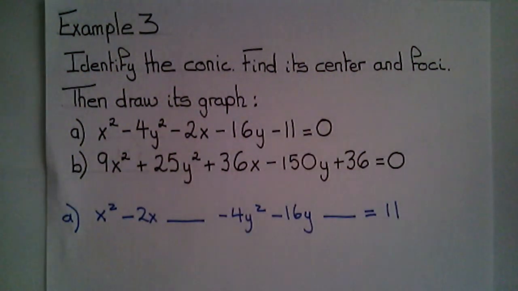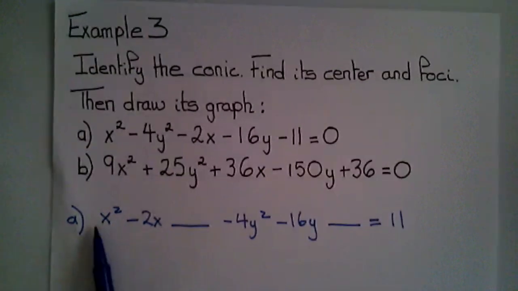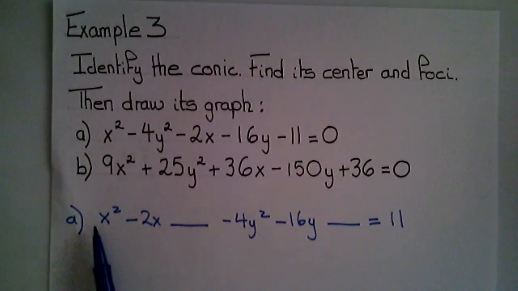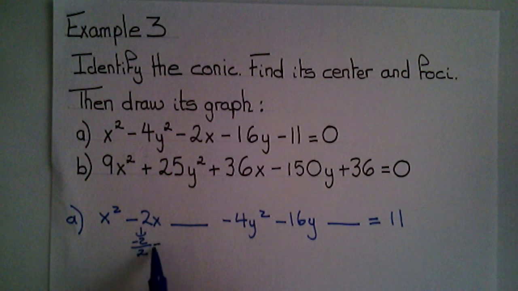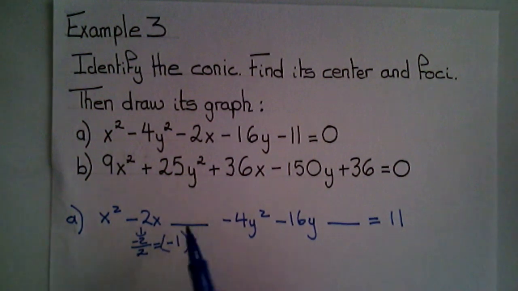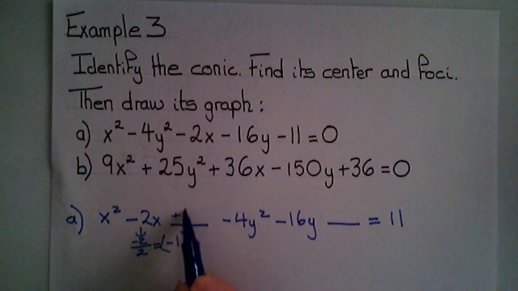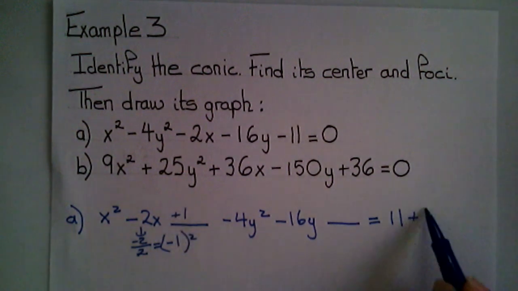And remember, the constant term needs to be on the other side of the equal sign. So have I got a leading coefficient of 1? Yes. I'm going to take my negative 2, divide it by 2, it's equal to negative 1. I'm going to square it, and then I'm going to add 1 to both sides.